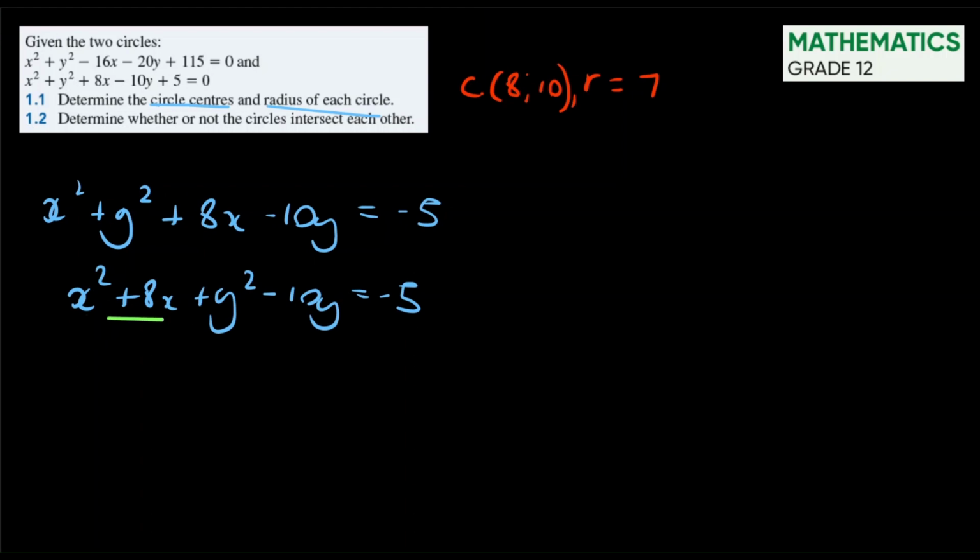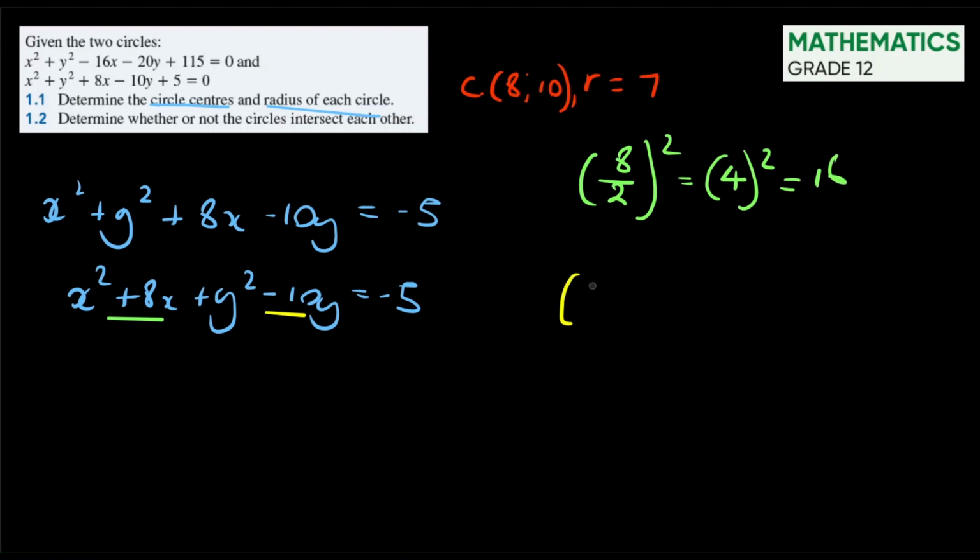We're interested in the positive 8 and the negative 10. Take the positive 8, divide by 2, square it, which will give you 4 squared, and this will give you 16. Then we take the negative 10 divided by 2, which will be negative 5, all squared, which will give you 25.